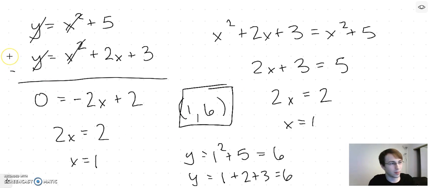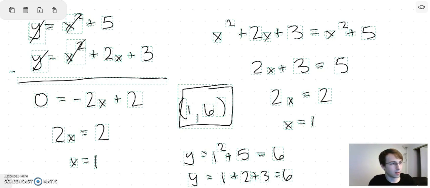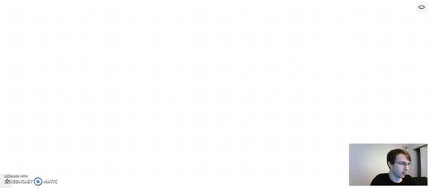Sometimes the x squareds won't cancel, though, in which case you'll have to solve another quadratic equation.